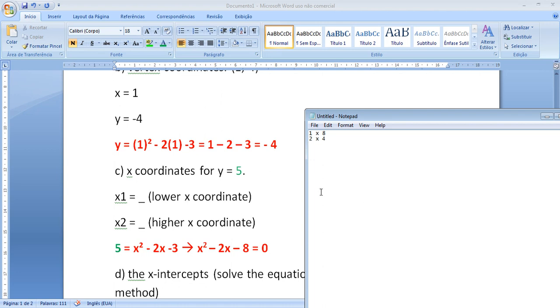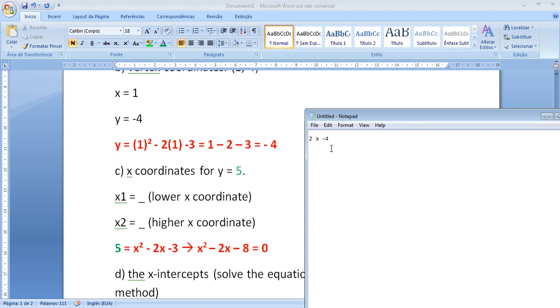So one is negative and another one is positive, because the multiplication result is negative. I can see from this minus 2 that the greatest value is negative. So it's going to be 2 and minus 4, okay? Because 2 times minus 4 is minus 8, and 2 minus 4 is minus 2.